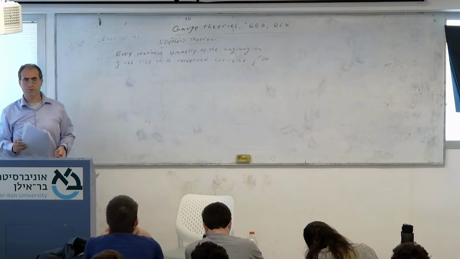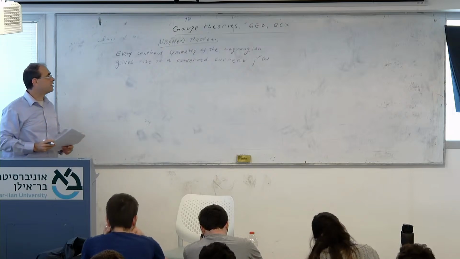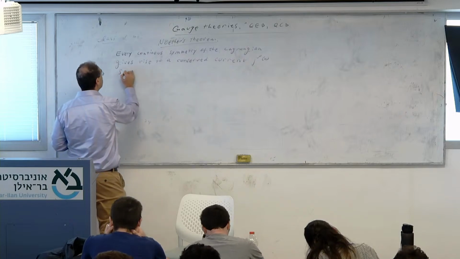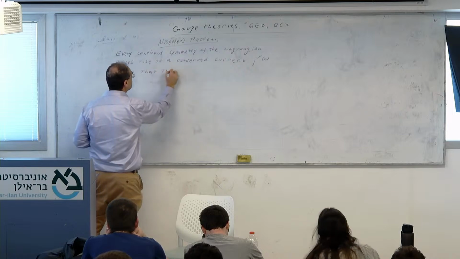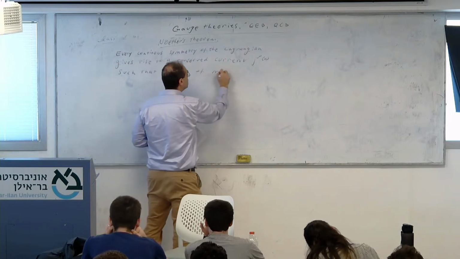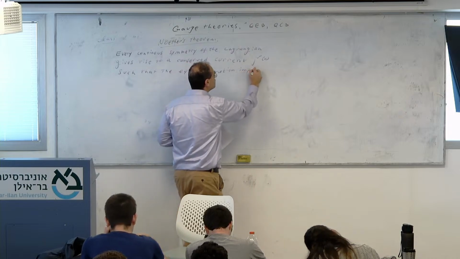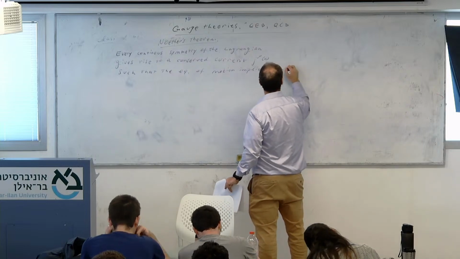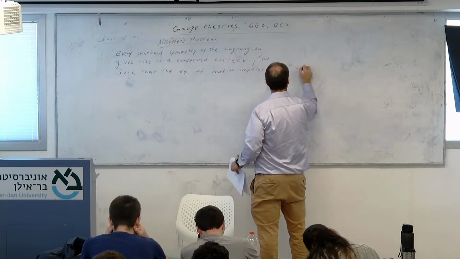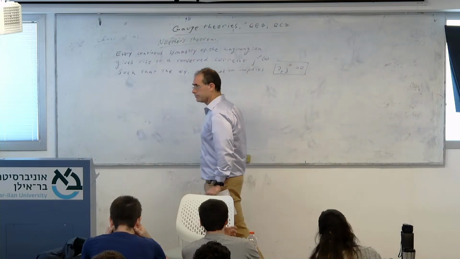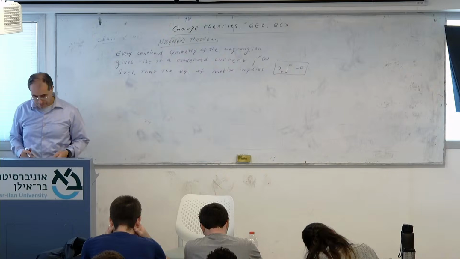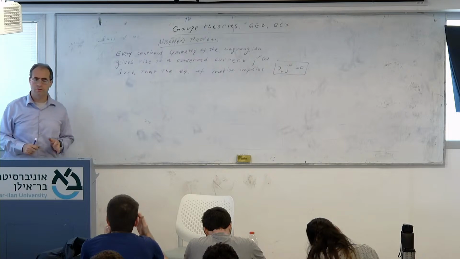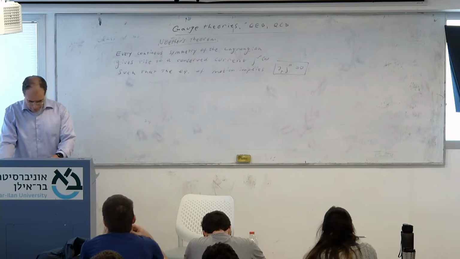It's a slightly different version of what you've seen in classical mechanics. J mu of x, such that the equation of motion implies that this is conserved: D mu J mu is equal to 0. There is always something conserved. I'm not going to prove it right now. It's actually not a very difficult proof.